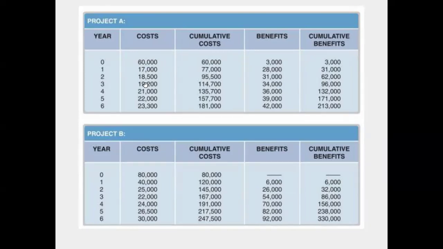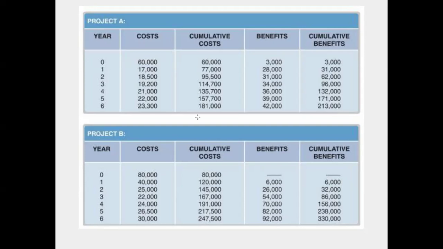Likewise, the cumulative cost after 6 years is 181,000. Benefits work the same way. Initially it's 3,000, then 28,000, and 28 plus 3 is 31,000, until the cumulative benefits reach 213,000.